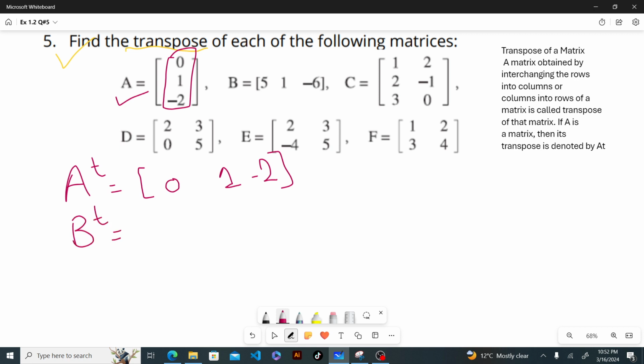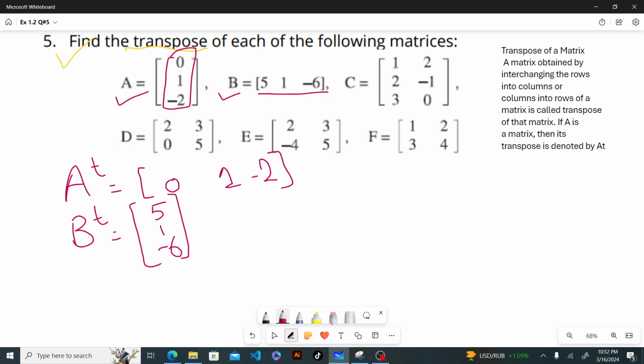Then B transpose, for this method we will go into 5, 1, minus 6. Okay, it's not that clear, I'll do it again. B transpose is 5, 1, and minus 6. Okay, this is B.